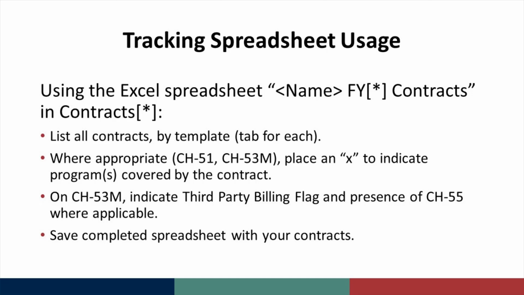On the CH53M tab, indicate the third-party billing flag on the contract, whether third-party billing is the responsibility of the provider, yes or no, and the presence of a CH55 if applicable. Save the completed spreadsheet with your contracts in the appropriate folder on the L drive.